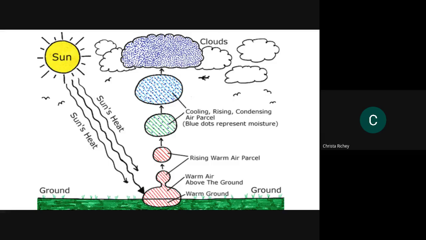So whether it heats up a pond or the ocean or just the moisture that's from the plants, it starts to heat up, and then you have what's called a parcel of air, sort of like a pocket of air that is less dense than the air around it because it's warmer. And it starts to rise, and once it gets high enough in our troposphere, it'll start to cool off, and it'll start to condense.